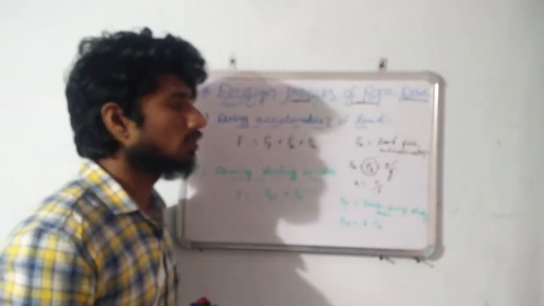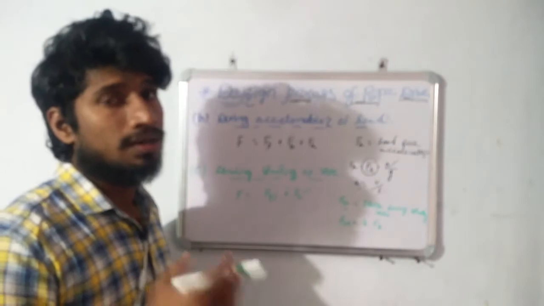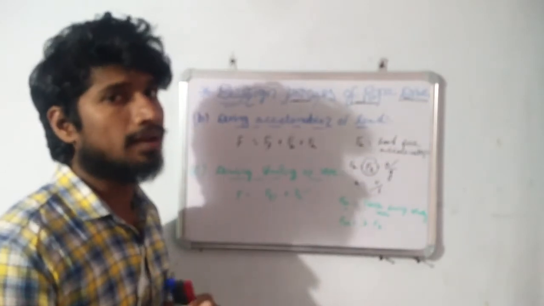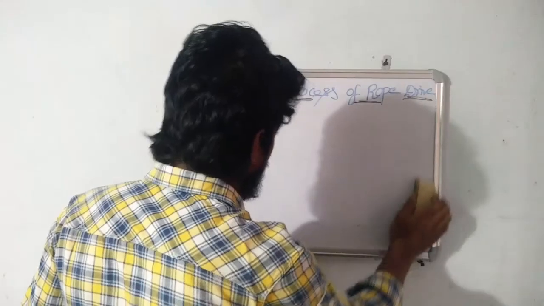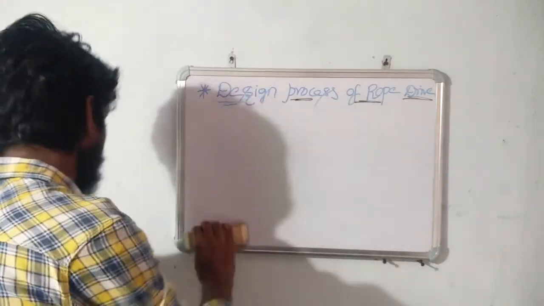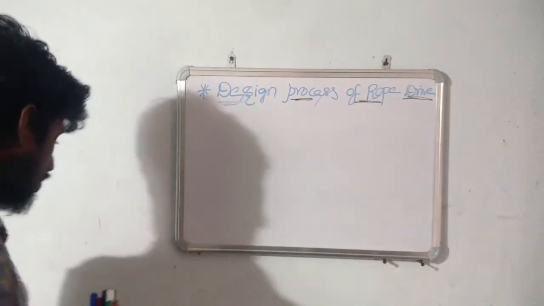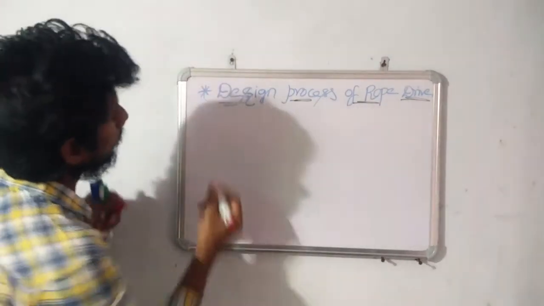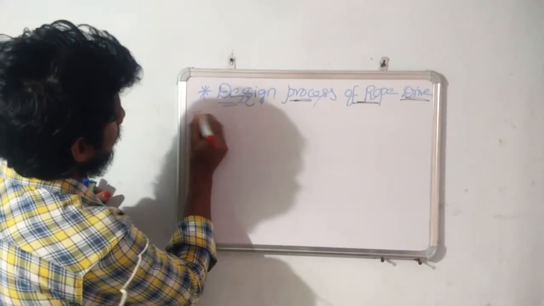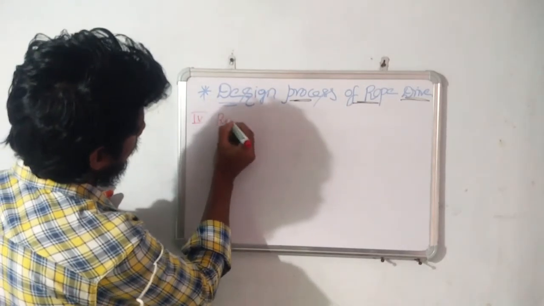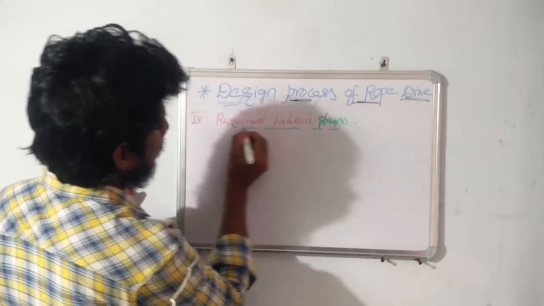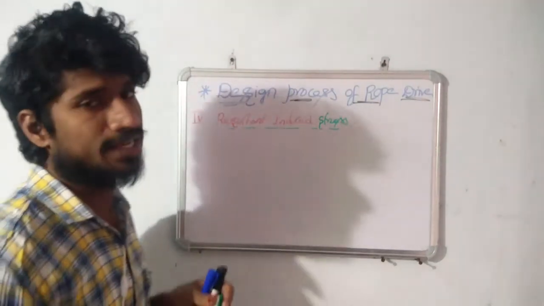Go to the next one, that is the resultant induced stress acting on the rope.